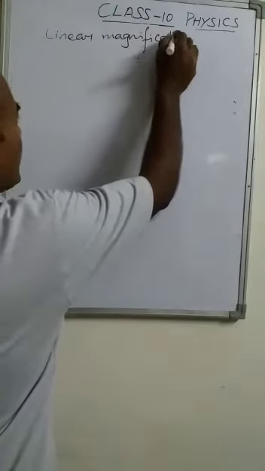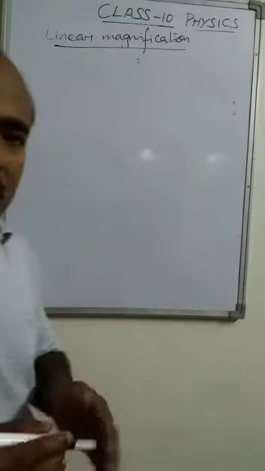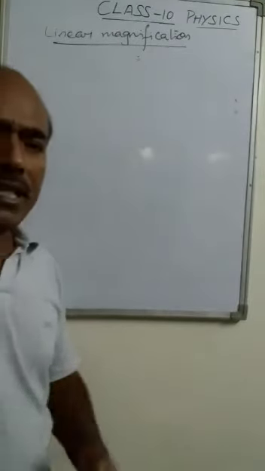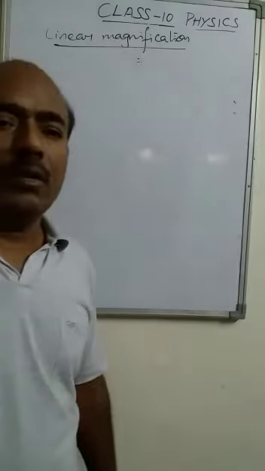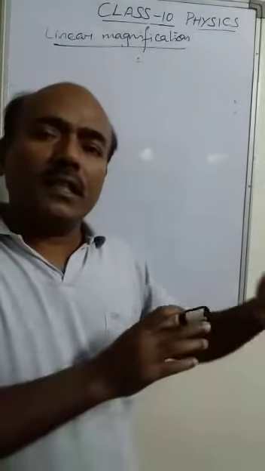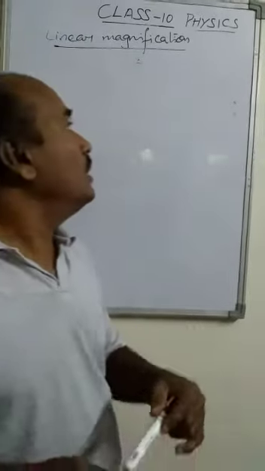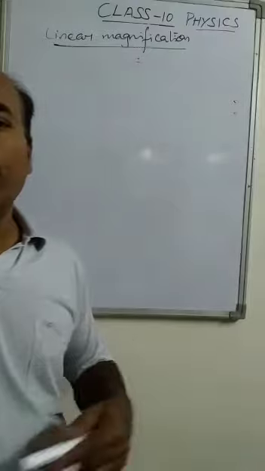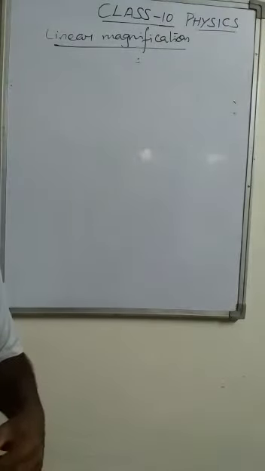What is this linear magnification? Linear means the straight line, only one dimensional we can say. Magnification means it is related to the size. In the ray diagram, in the image formation of concave mirror and convex mirror, for various positions of objects, we got different kinds of image at different positions.